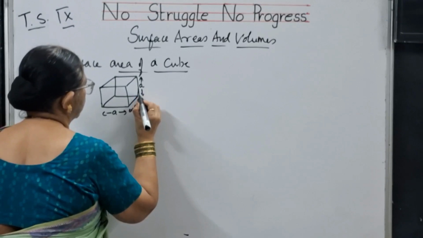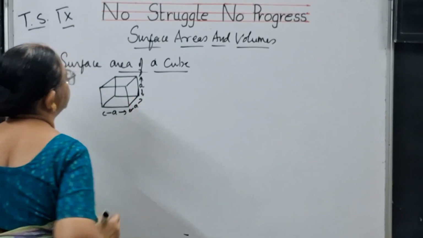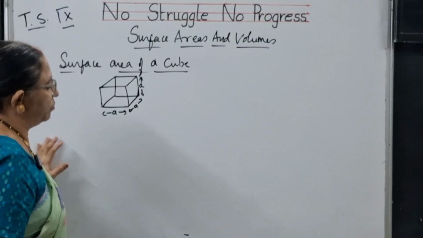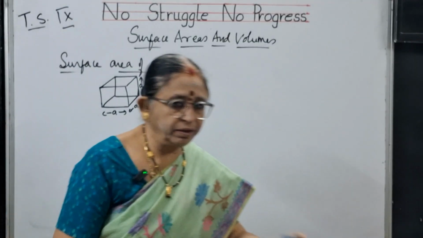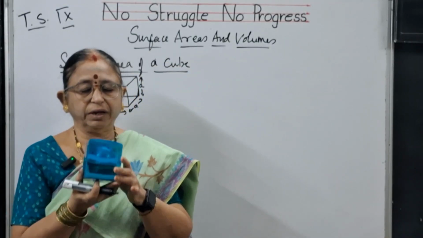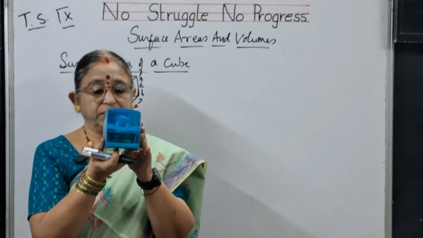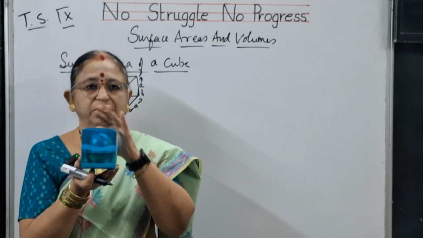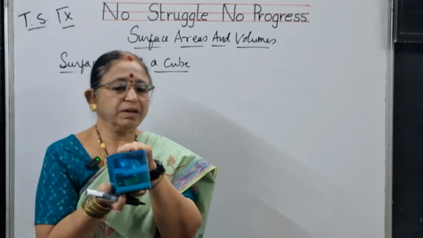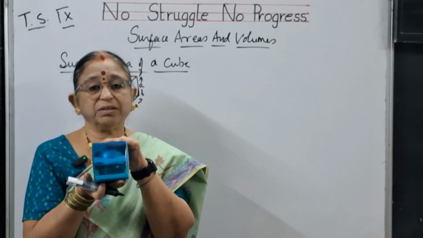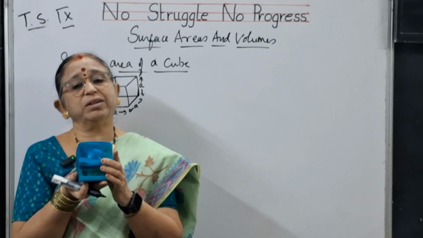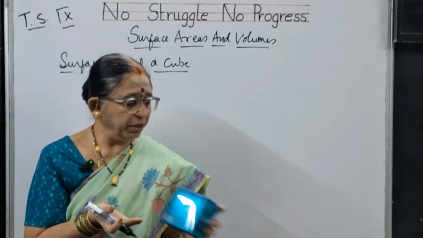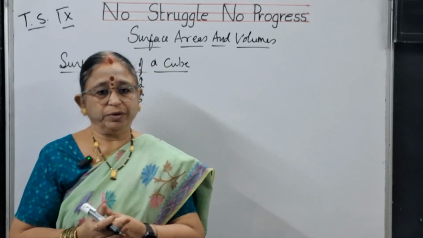So same length, breadth and height, if you have a cuboid like this, it is a cube. You can take a dice as an example, children, where length, breadth and height are the same; these are called cubes.